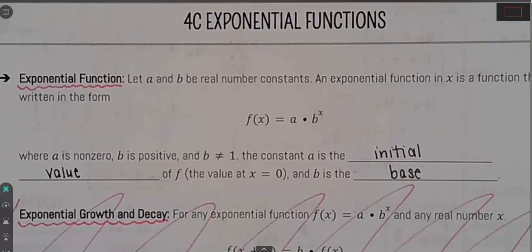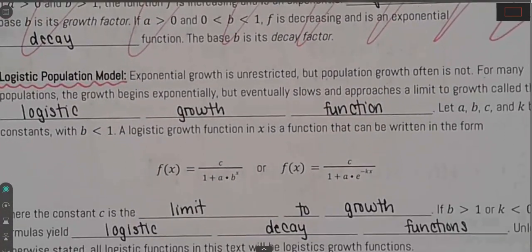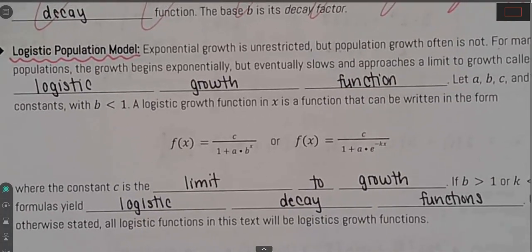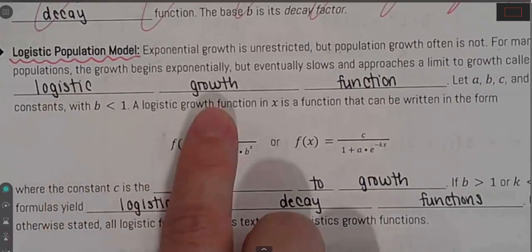And then I removed this part from your notes. I think the next thing in your notes is the logistic population model. So it says here, exponential growth is unrestricted, but population growth often is not. For many populations, the growth begins exponentially, but eventually slows and approaches a limit to growth called the logistic growth function.